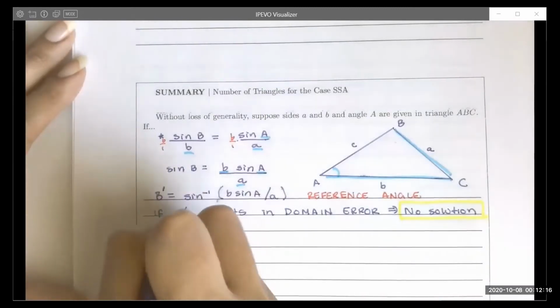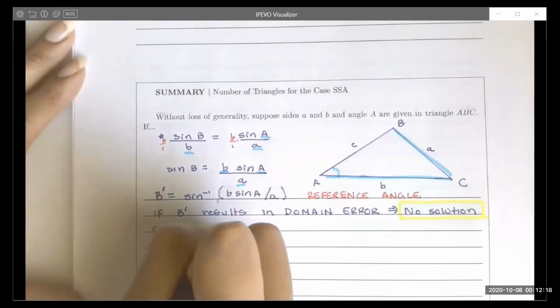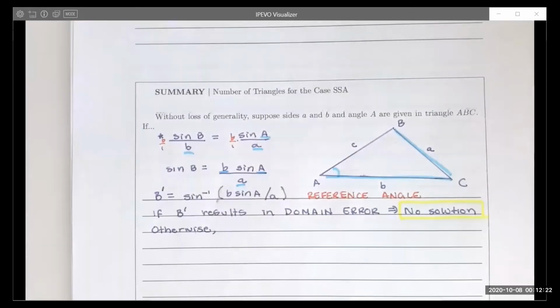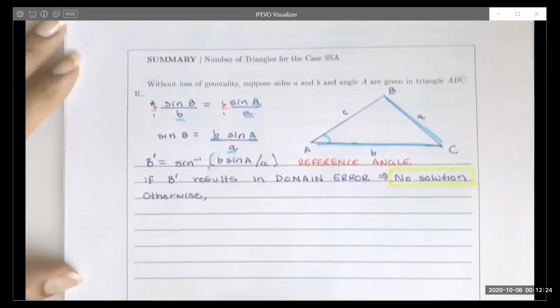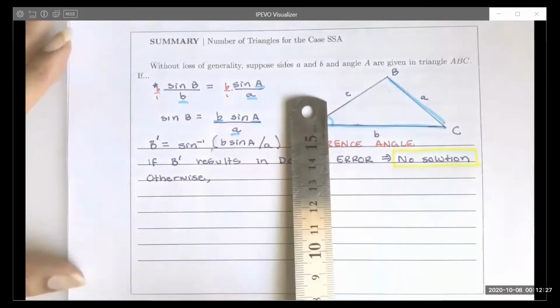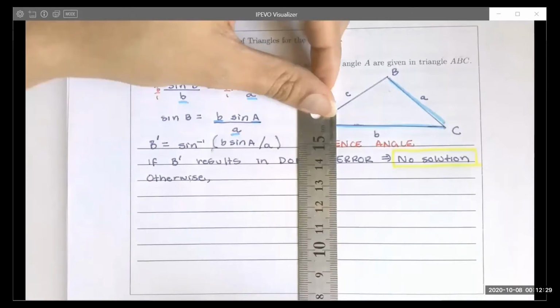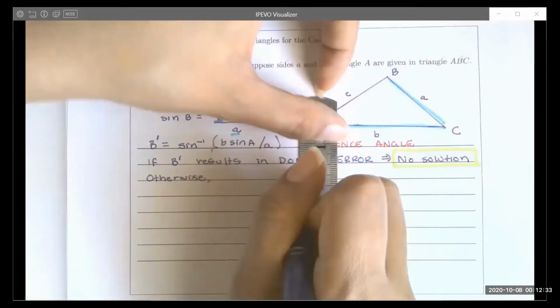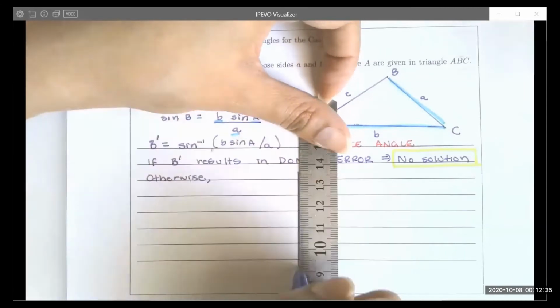Okay, so otherwise, well then otherwise we have to consider two possibilities. The first possibility is when angle B is an acute angle, in which case we're going to have an acute triangle.